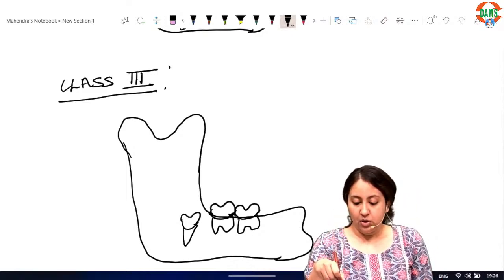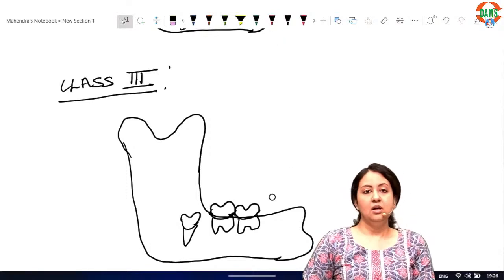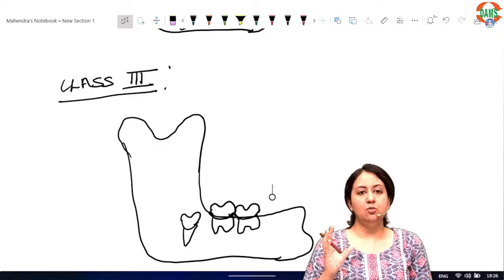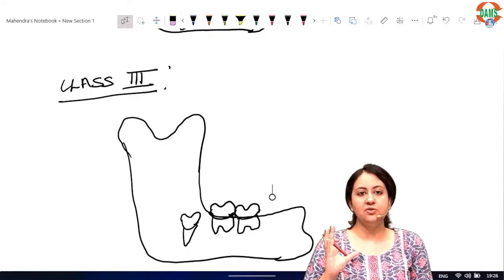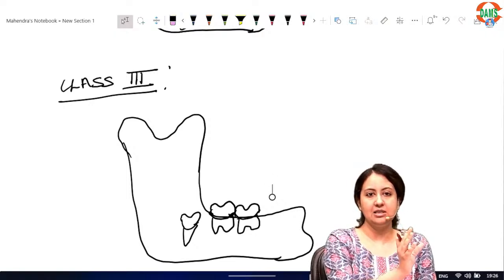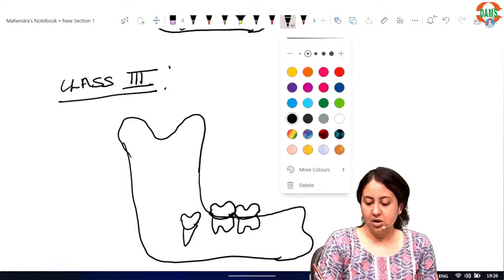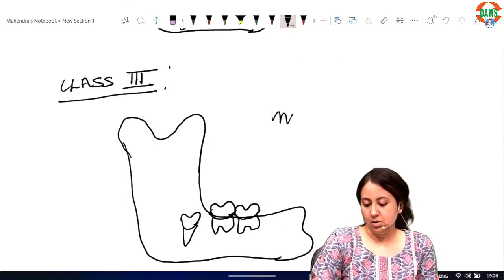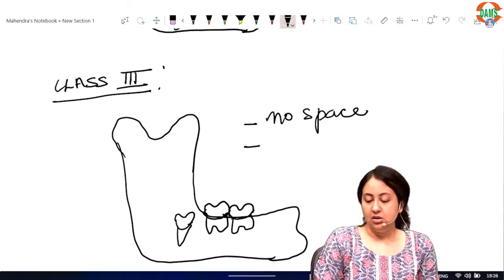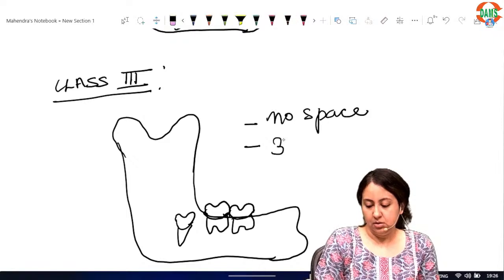Just carefully look at the class 3 diagram. There is no space for the third molar to erupt. Where is the third molar? It is lying inside the ramus, if you see. So what is class 3? No space, and the tooth is in ramus.